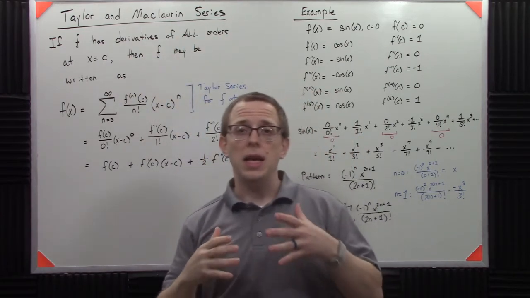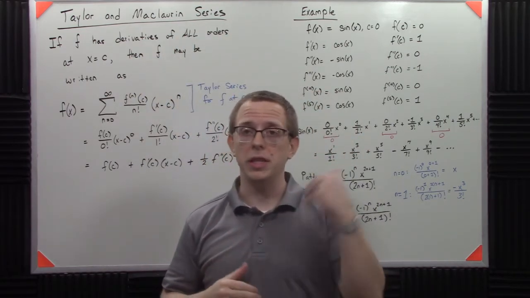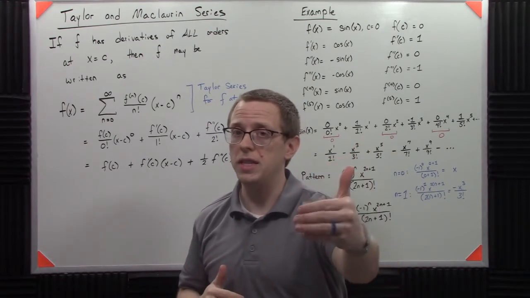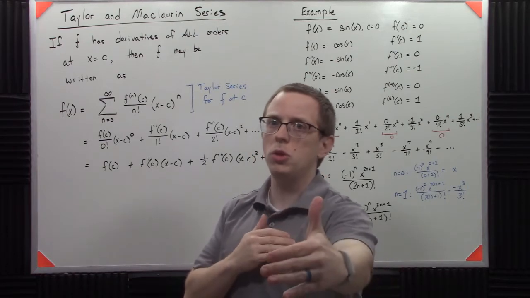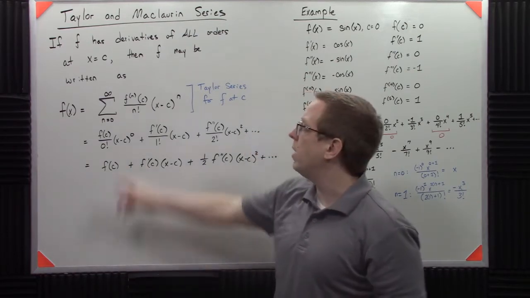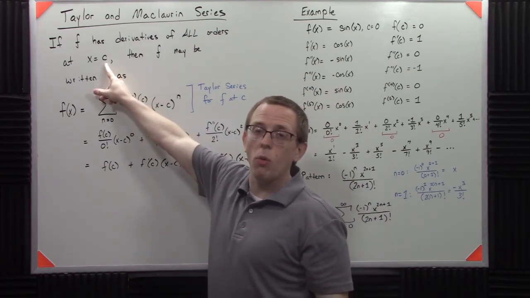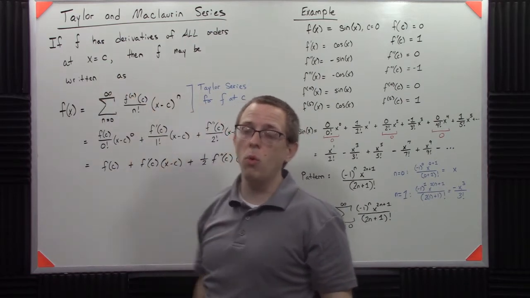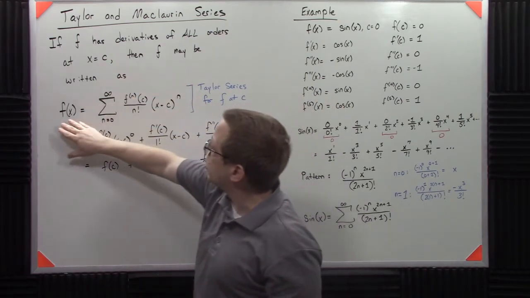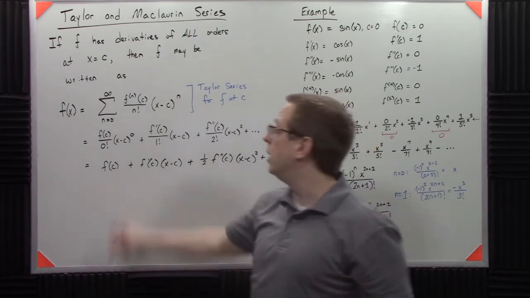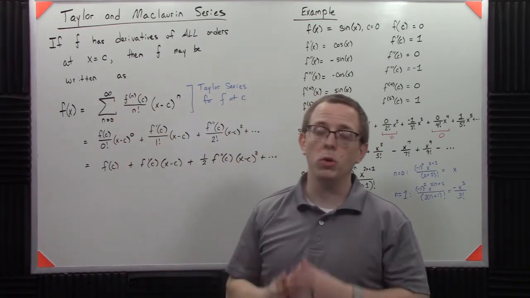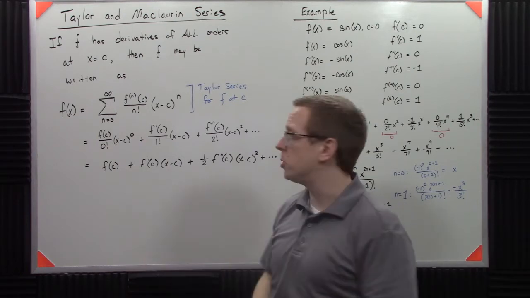That means that its first derivative exists, its second, third, fourth, fifth, 10th, 100th, millionth, right? It continues to be differentiable all the way. If it always has a derivative at this point, then we can write that function as a Taylor polynomial, and specifically a Taylor polynomial that has an infinite amount of terms.